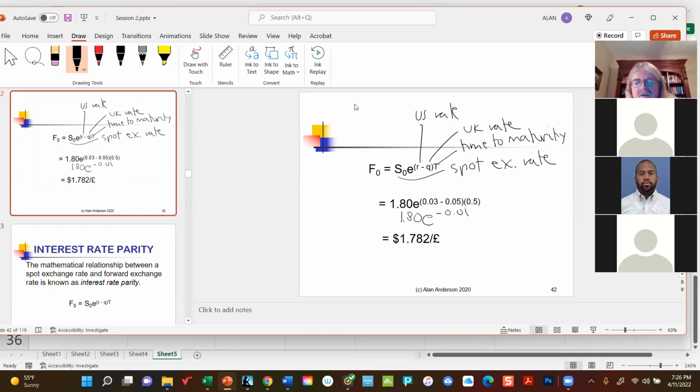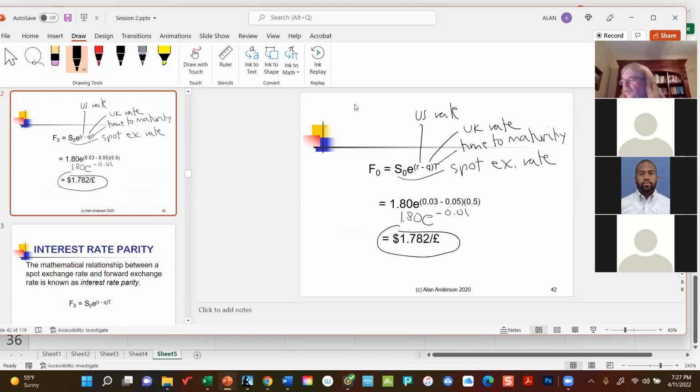If you plug in the numbers, you'll see that the forward price is $1.782 per pound. So if I enter into this contract, the forward price would be 1.782. That's how much I can lock in for the price of buying or selling these pounds.